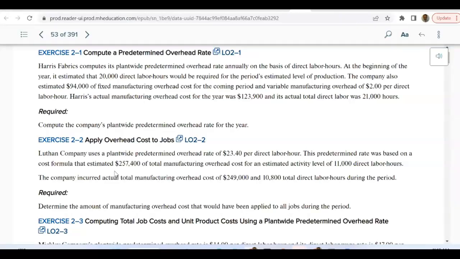The company's actual total manufacturing overhead cost incurred was $249,000 and 10,800 total direct labor hours during the period. Required: determine the amount of manufacturing overhead cost that would have been applied to all jobs during the period.